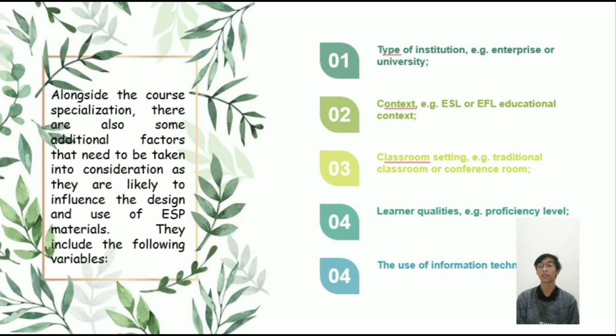The second is context, for example, ESL or EFL educational context. The third is classroom setting, for example, traditional classroom or conference room. The fourth is learner qualities, for example, proficiency level. And the last, the use of information technology.